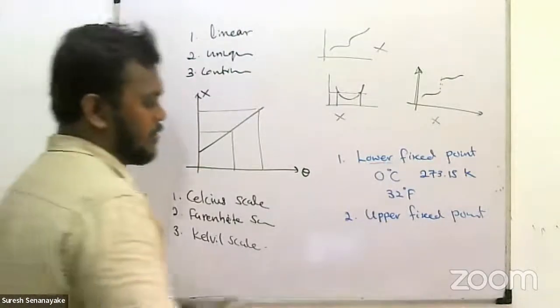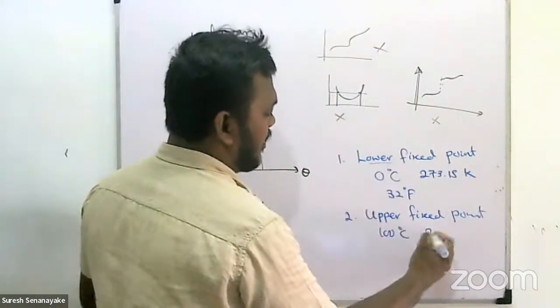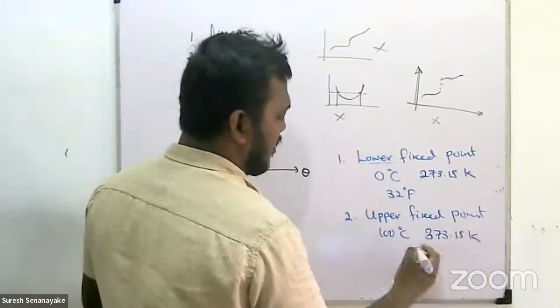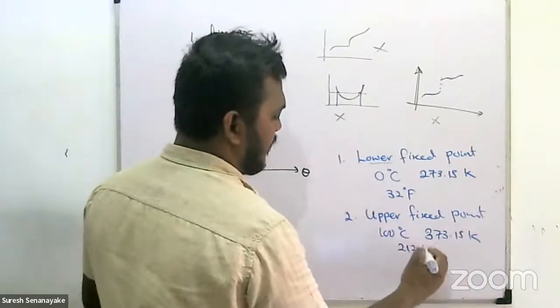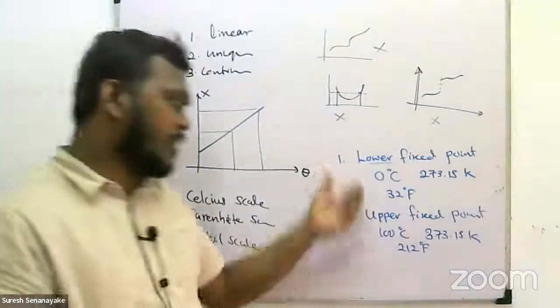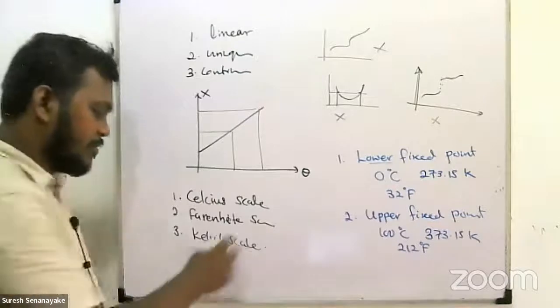Right. So it is 100 Celsius degrees in the Celsius scale, 373.15 in the Kelvin scale and 212 in the Fahrenheit scale. So based on these points, actually, we define the Celsius, Fahrenheit and Kelvin scales.